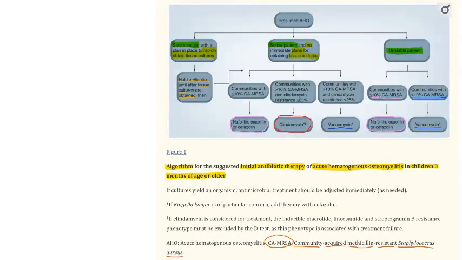This figure illustrates an algorithm for suggested initial antibiotic therapy in acute hematogenous osteomyelitis for patients 3 months old and older. In presumed acute hematogenous osteomyelitis, in a stable patient with a plan to get a tissue culture as soon as possible, please hold the antibiotics until after the tissue cultures are obtained.